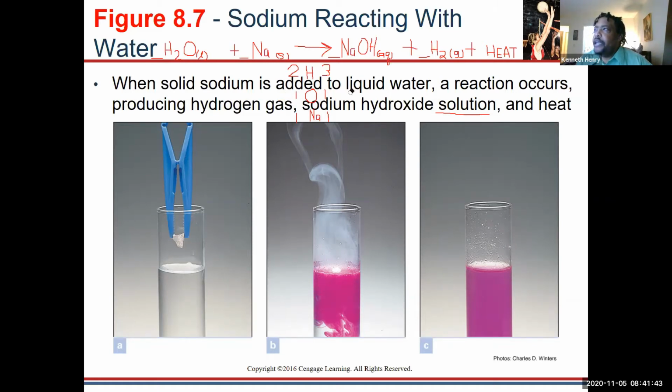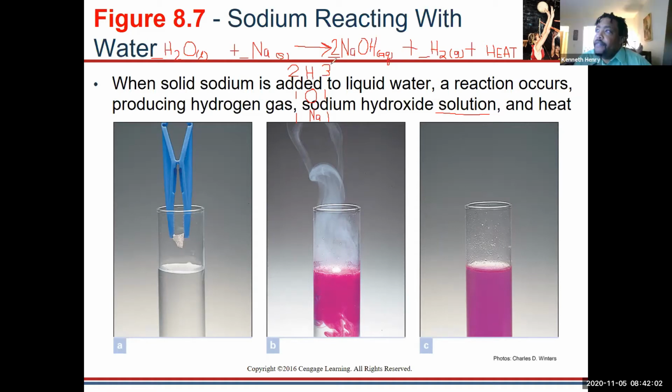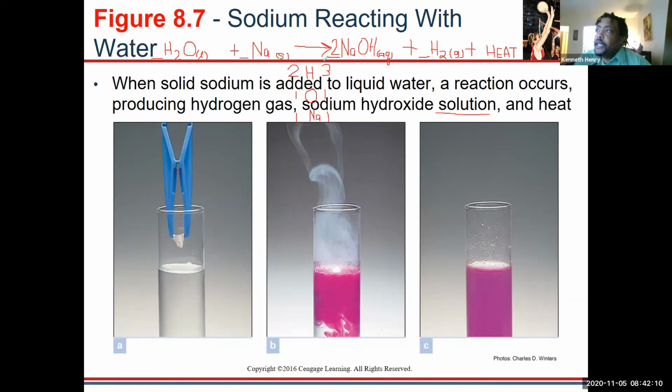So let's try something like, what if we put a 2 in front of the sodium hydroxide on the product side? If I put a 2 here, how many hydrogens would I have? On the product side?